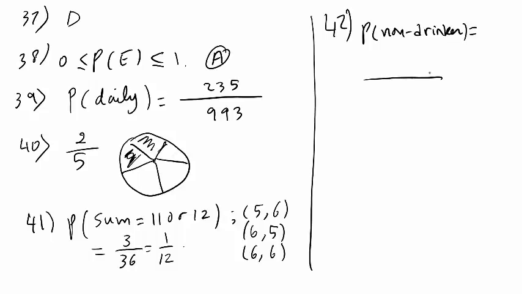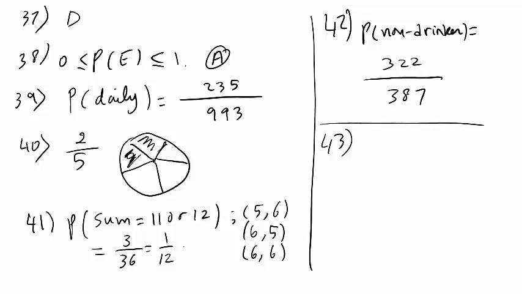The bottom number is all the outcomes. All the outcomes is the total number of people, which is 387, as you can see. It's the bottom right. Now we need people, we don't care whether they are men or women. It just says someone who is a non-drinker. How many non-drinkers do we have? A total of 322. So the answer is 322 divided by 387. You can do the math and figure out the answer.